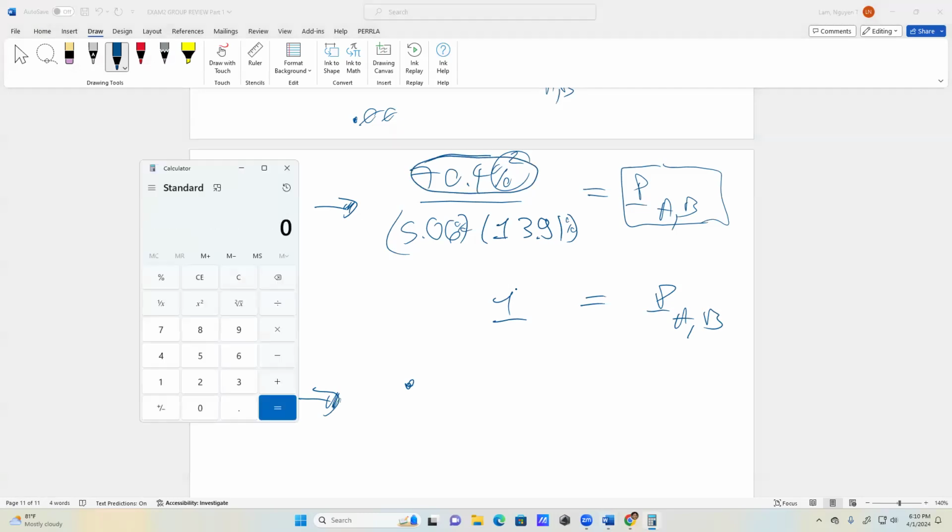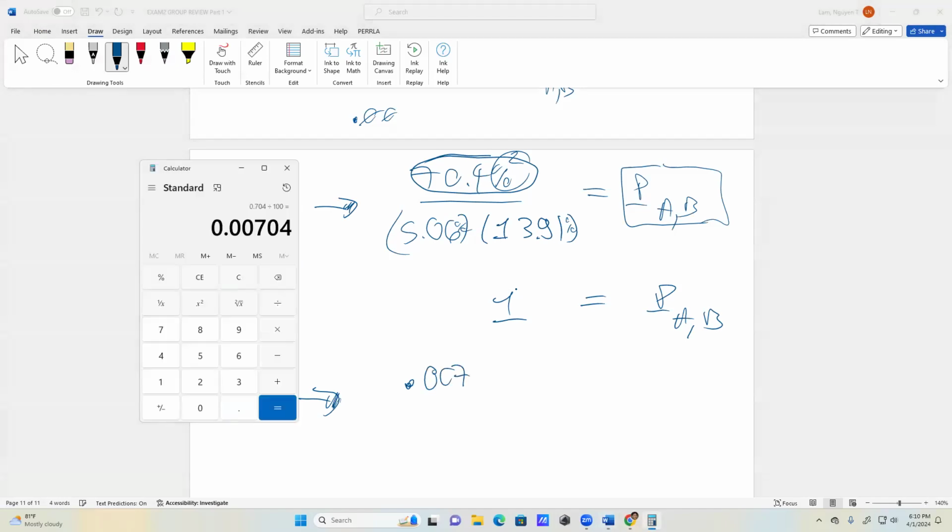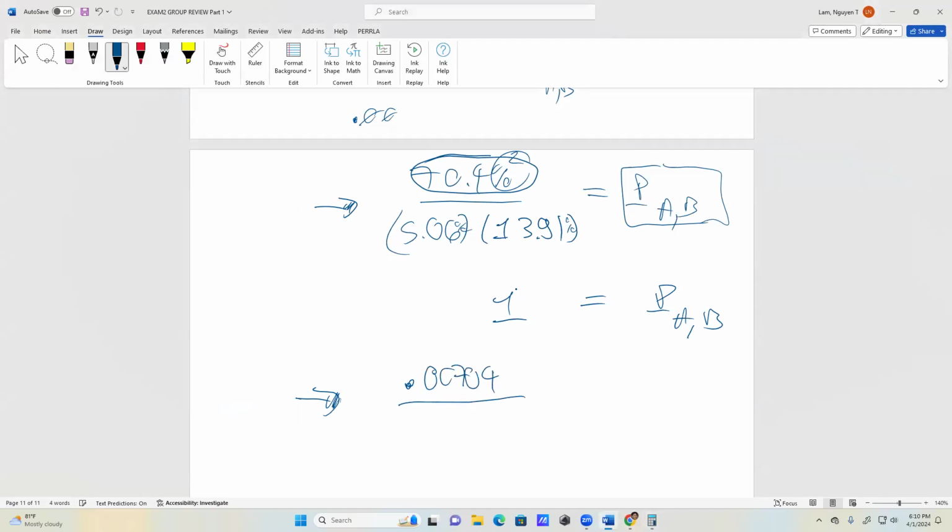So let's do that: 0.00704, and then divide by 0.0506, and divide by 0.1391.